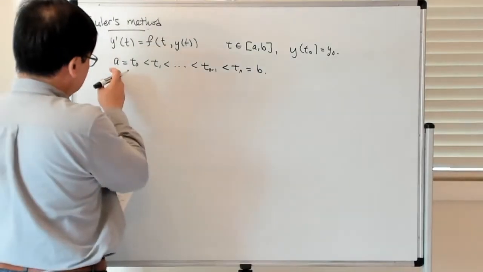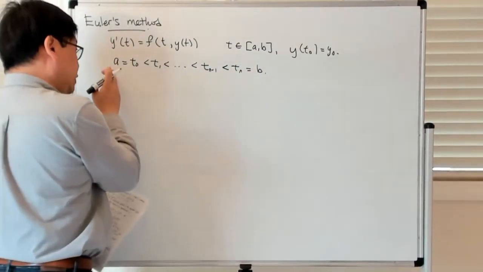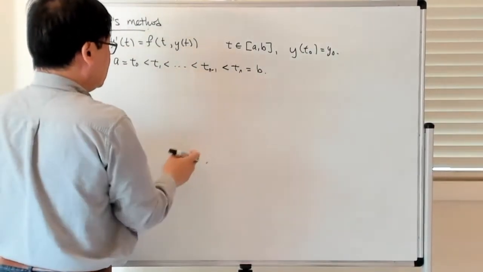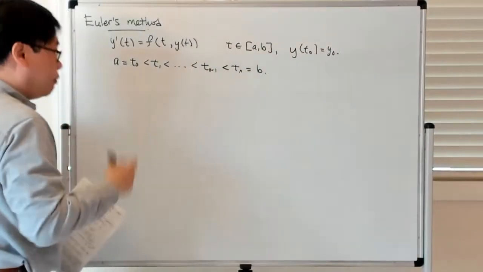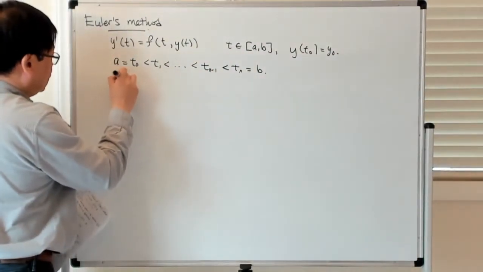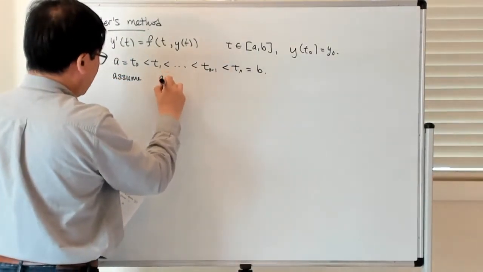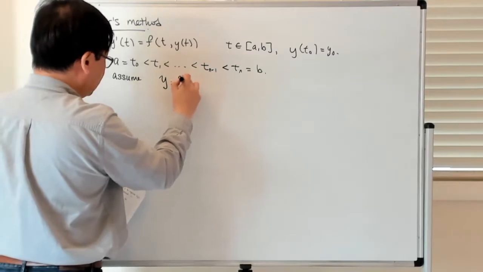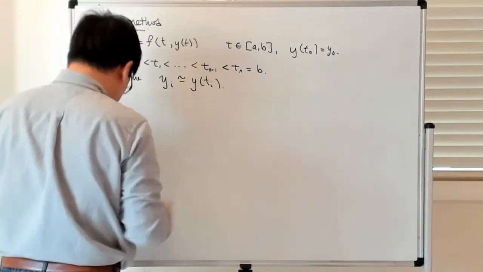So we're trying to construct an approximation of the solution over the entire time interval from a to b, where the initial value is given at the left-hand point, which is a. And then we're going to assume that y_i is approximately equal to y at the corresponding time ti.